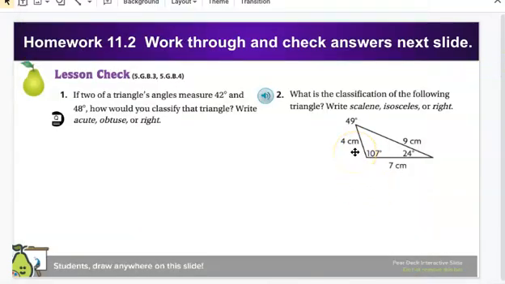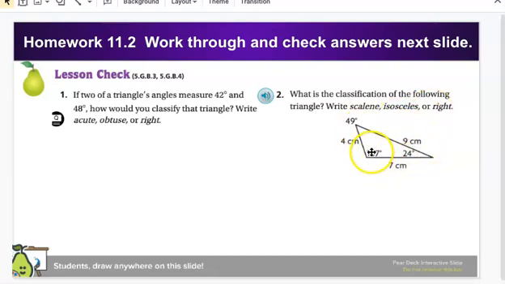All right, what is the classification of the following triangle? Now you're looking at the sides, because you're using words like scalene, isosceles, or right. Okay, well that's kind of weird. Normally it's scalene, isosceles, or equilateral. So what is the classification? Well, first of all, there's no right angle.